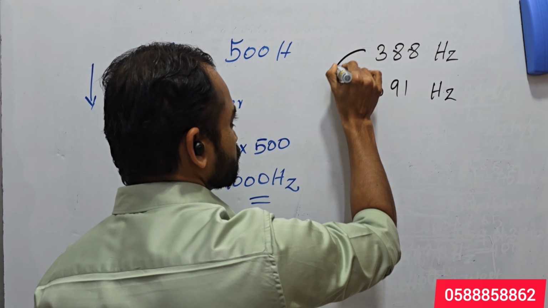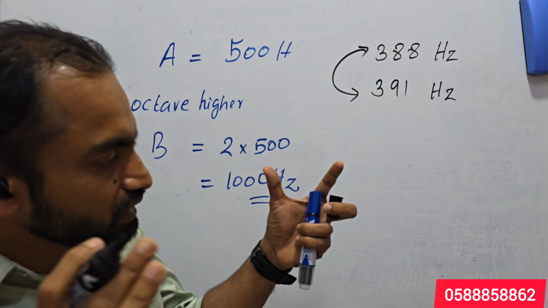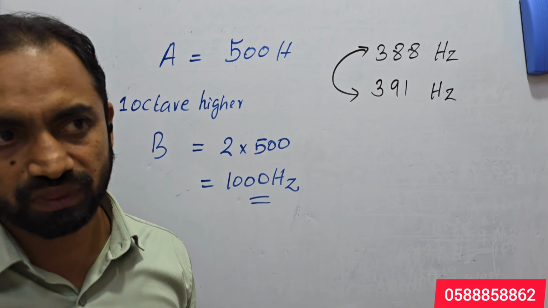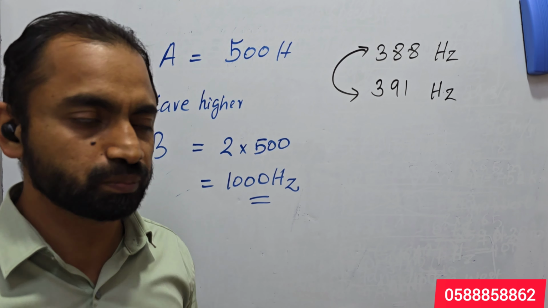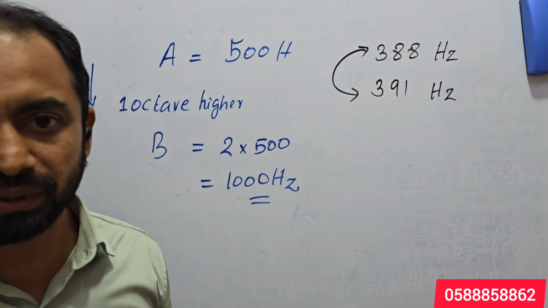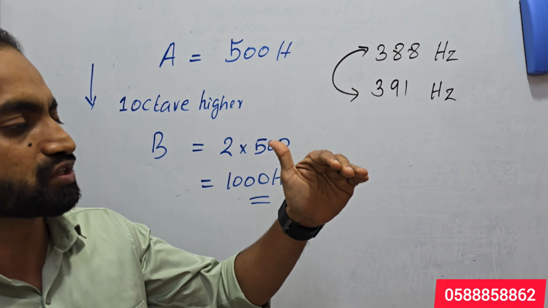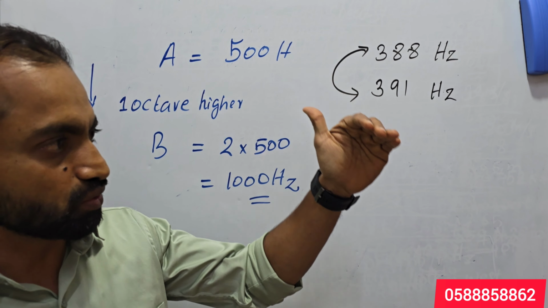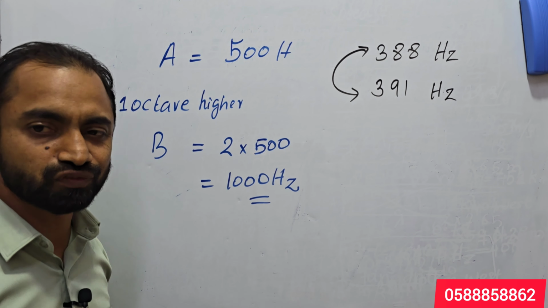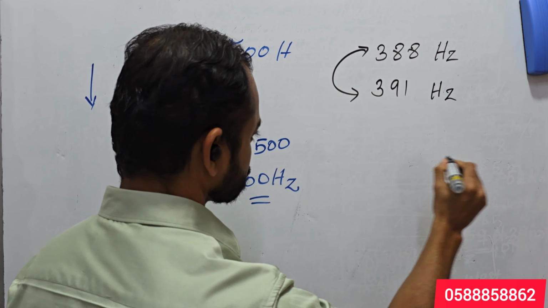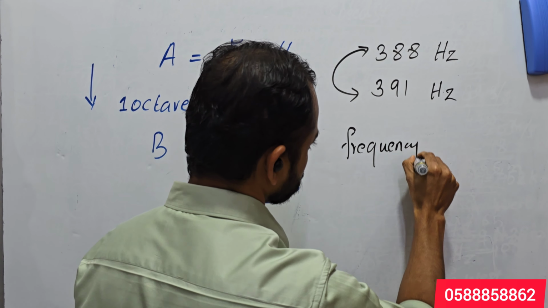So these two sounds have almost the same frequency, right? When these two sound waves interfere and superpose, they will produce beats. Beats are characterized by a high level of sound, then low level, high level, low level, like that. Okay, so what is the frequency of the beat? How much will be the frequency of the beat?